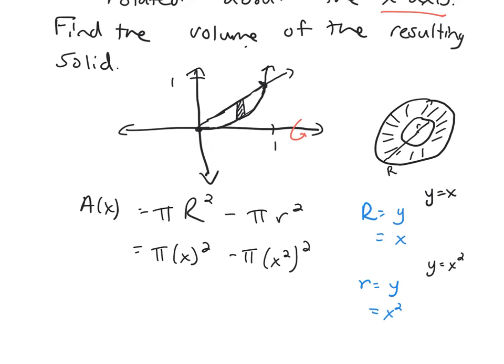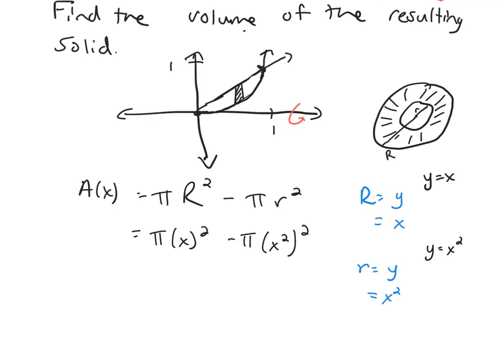So it comes from this idea of having an inner and an outer radius. The first term, pi x squared, computes the whole area of this if it was a disk. And so I need to subtract off the inside part that I'm missing, which is the second term, the inner part of that washer.